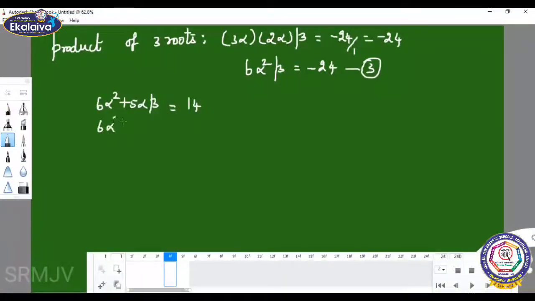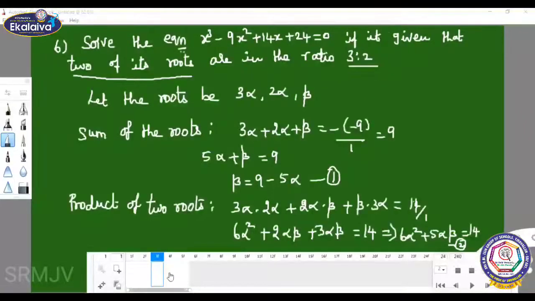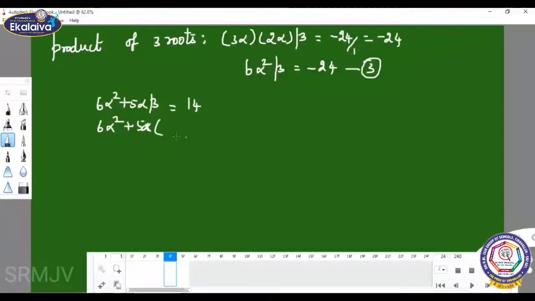You replace that beta value by 9 minus 5 alpha. 6 alpha square plus 5 alpha into 9 minus 5 alpha equal to 14. 6 alpha square plus 45 alpha minus 25 alpha square equal to 14.